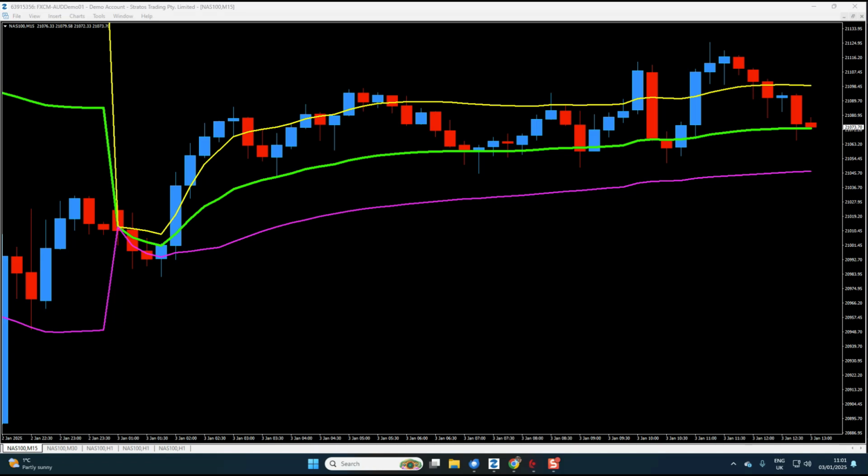So they're very different approaches. So this is the VWAP indicator, as I say, resets at the start of every new session. And the center line is the green, which is the VWAP itself. And then you have the outer envelopes. You have the upper envelope, which is the yellow, and you have the lower envelope, which is the purple here.